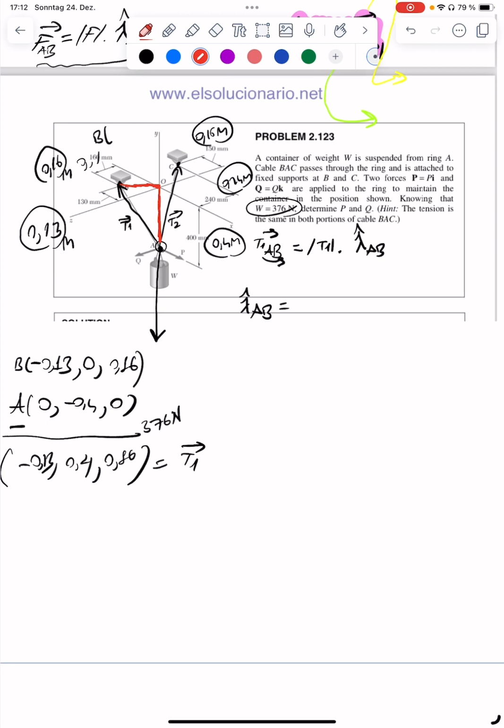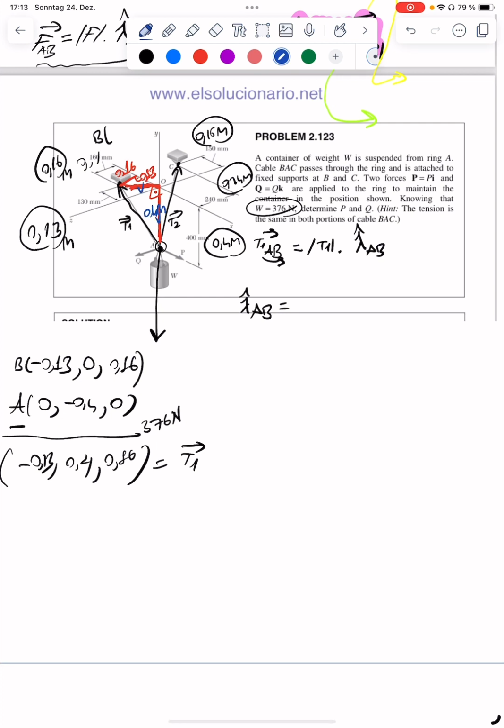We can create a triangle, and we must determine the triangle's hypotenuse. Here 0.16, here 0.13, and we can find the first hypotenuse, and here, sorry, 0.4 meters.